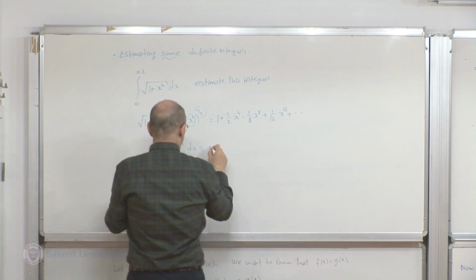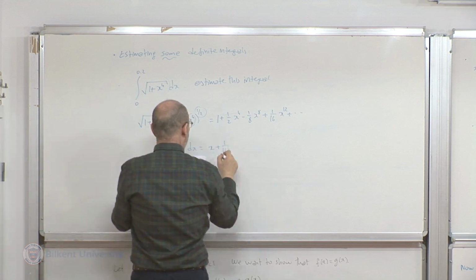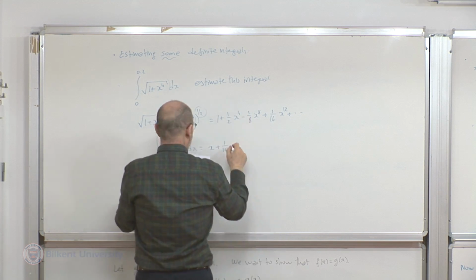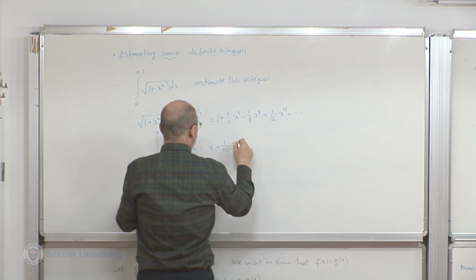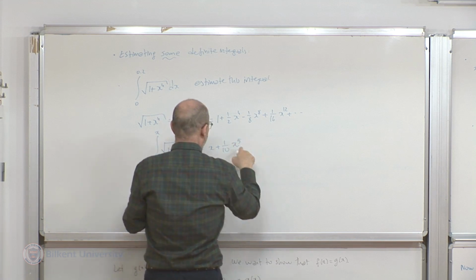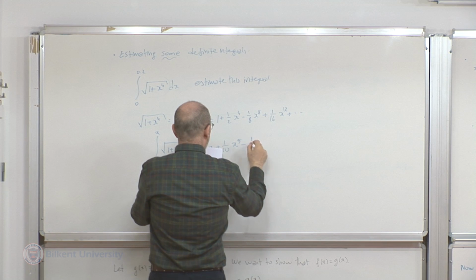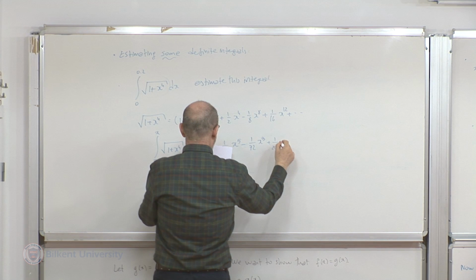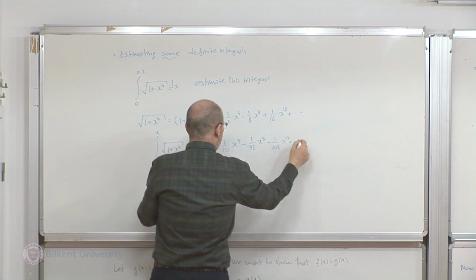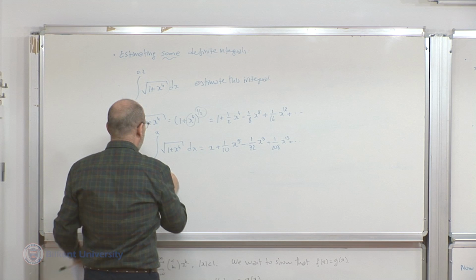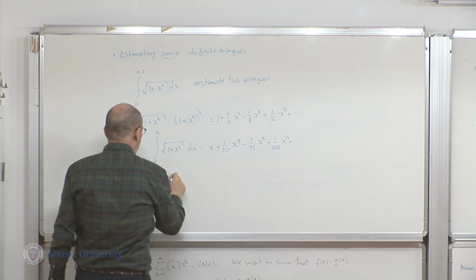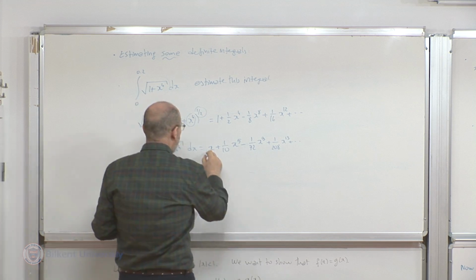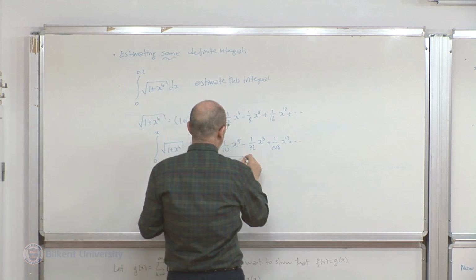So this is x plus 1 over 10 x to the 5 minus 1 over 72 x to the 9 plus 1 over 208 x to the 13 plus etc. Now put x equals 0.2. I used only 3 terms.